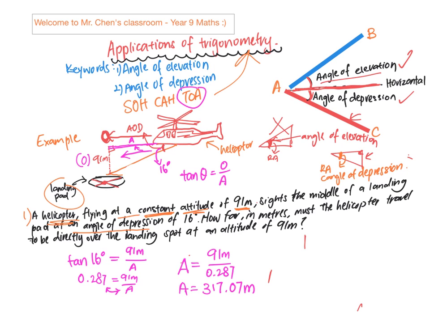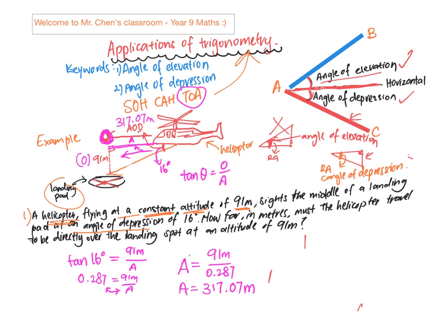So what that means is the helicopter basically needs to travel 317.07 meters to just above the landing pad before it can land at the landing pad.